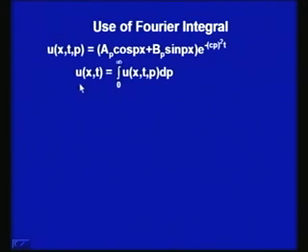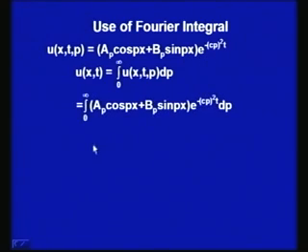So, we take u(x,t) as the integral from 0 to infinity of u(x,t,p) dp. If I write it out, we get the integral from 0 to infinity of [a_p cos(px) plus b_p sin(px)] e to the power minus c square p square t, integrated with respect to p, that is dp.